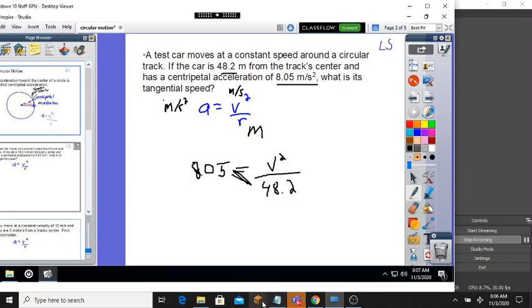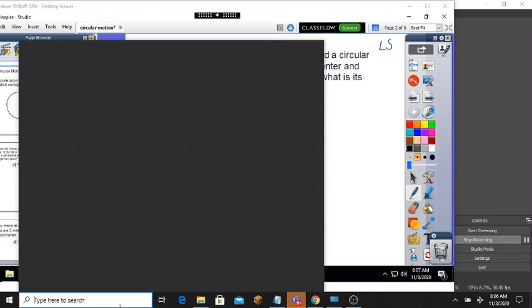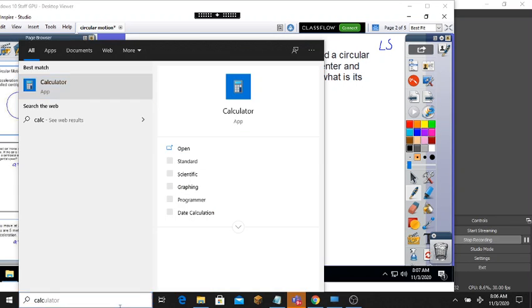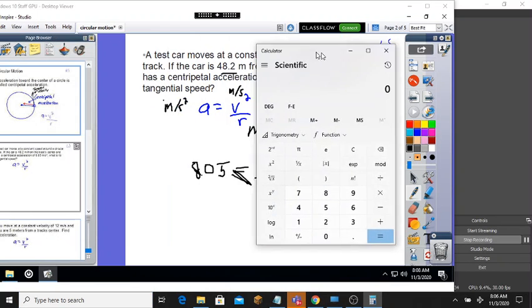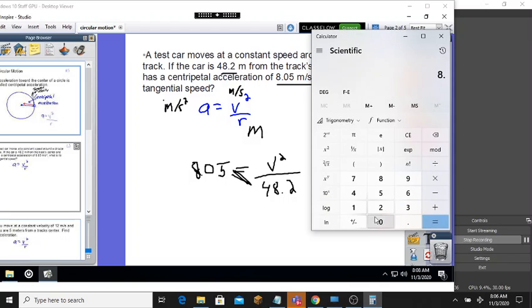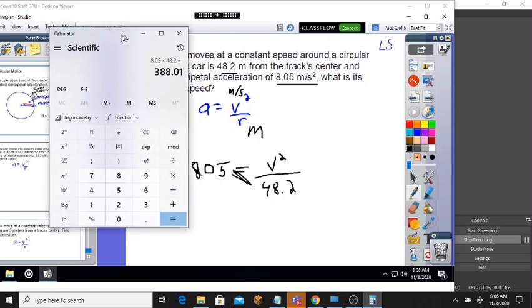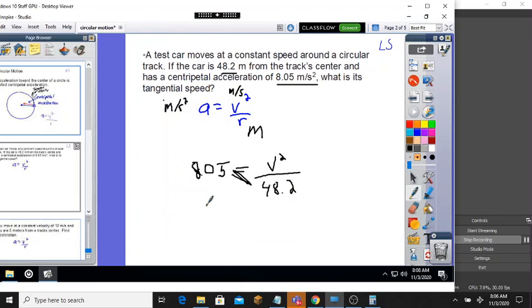We multiply, right? And let's get out a calculator. 8.05 times 48.2 gets me 388. 388 equals V squared.